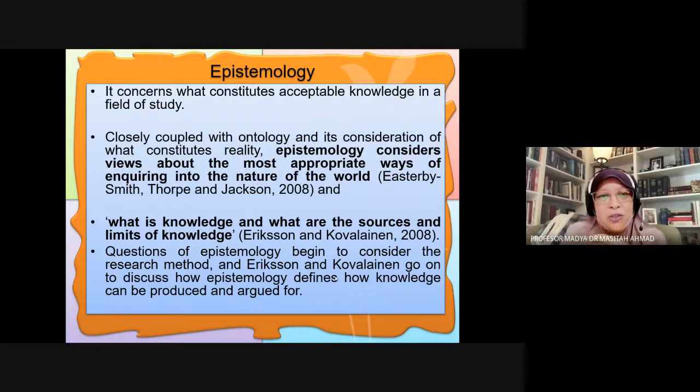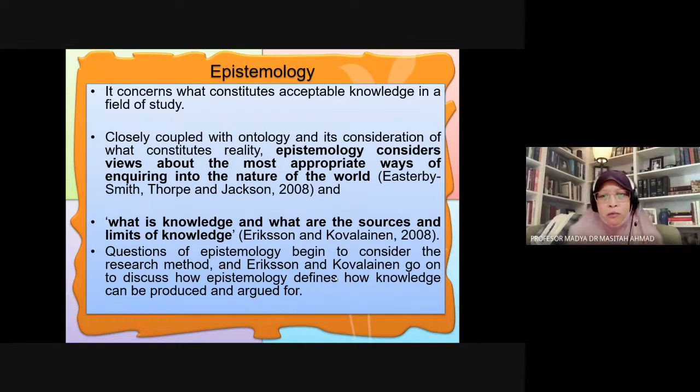Now we are going to talk about epistemology. Epistemology is concerned with what constitutes acceptable knowledge in the field of study. So it's closely coupled with ontology and its considerations of what constitutes reality.